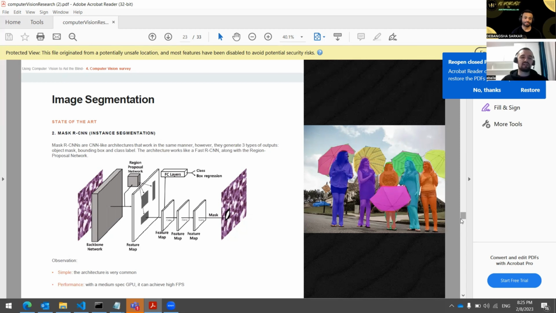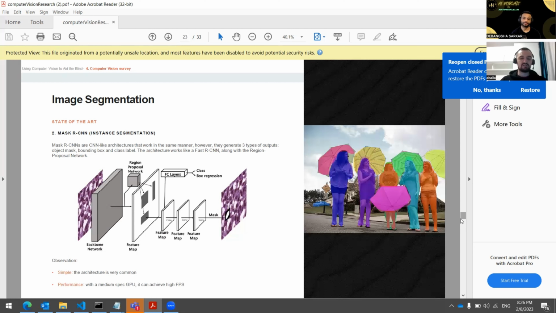There are CNN-like architectures that essentially work in the same manner. However, they generate 3 types of outputs: the object mask, the bounding box, and the class label. The architecture is quite similar to Fast RCNN, along with the region proposal network.